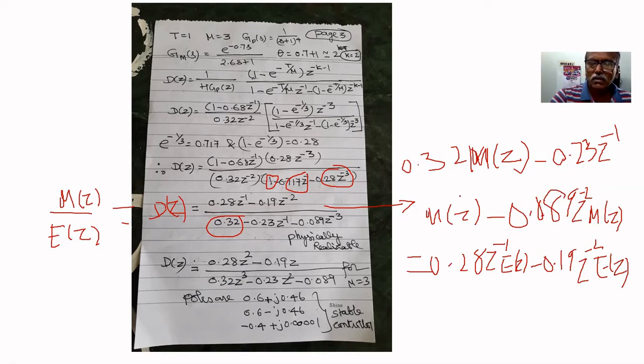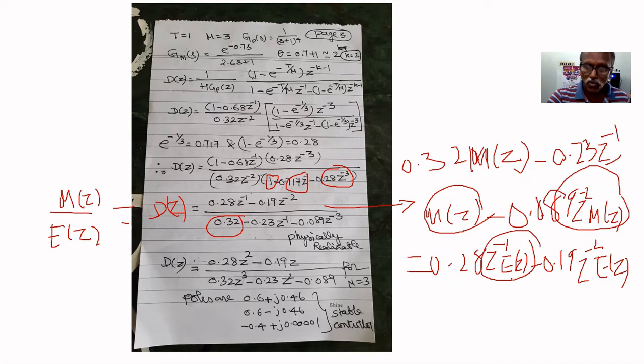So now what is the meaning of z power minus 1 M of z? Previous controller output. What is the meaning of z power minus 2 M of z? The same old controller output delayed by 2 sampling periods. What is the meaning of z power minus 1 E of z? Old error, previous error.